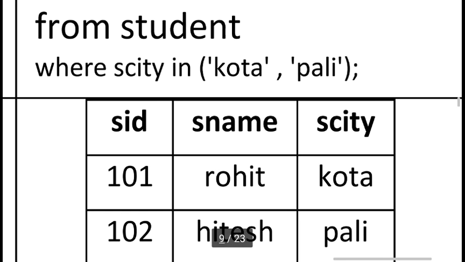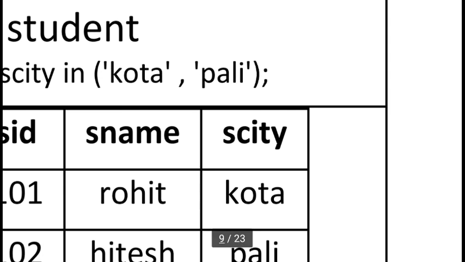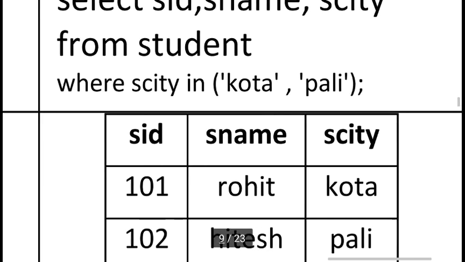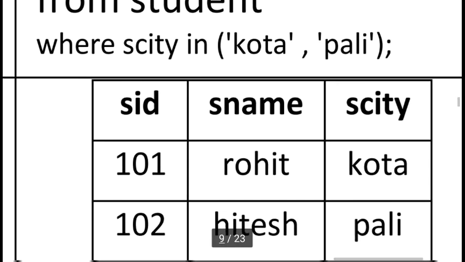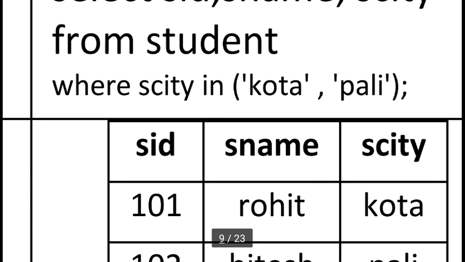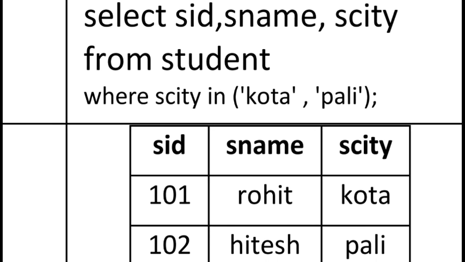So you can see in Kota and Pali rows, the city will include only Kota and Pali. So we have a multiple set of lists. Particularly we can see this using IN. First we write the column name ACT, then the IN operator, and in brackets the column values you want to see, mentioned according to the data type.